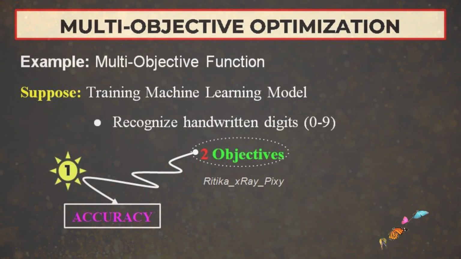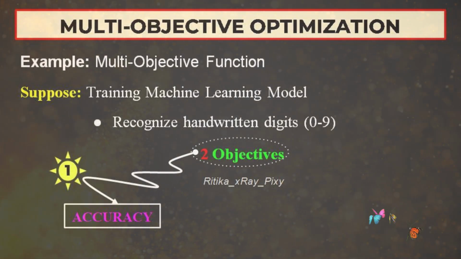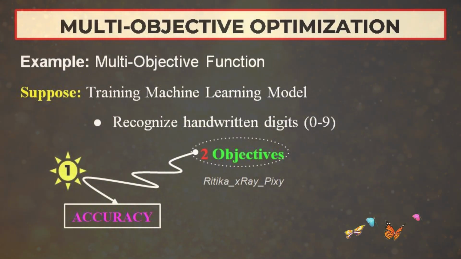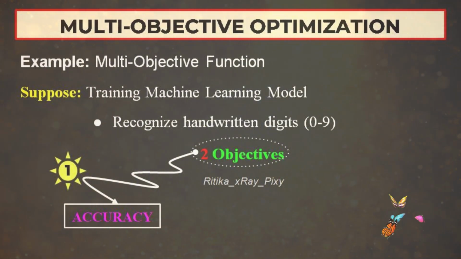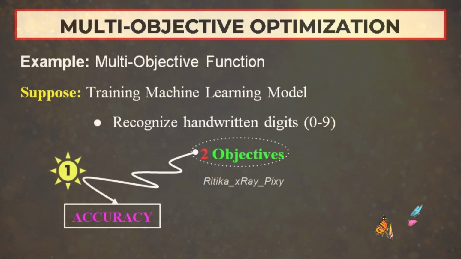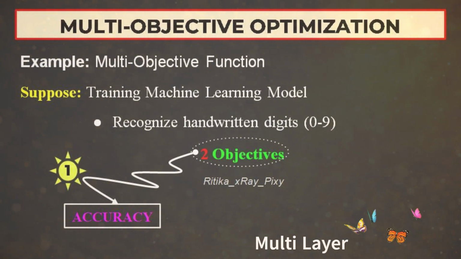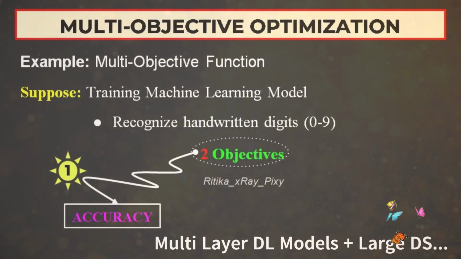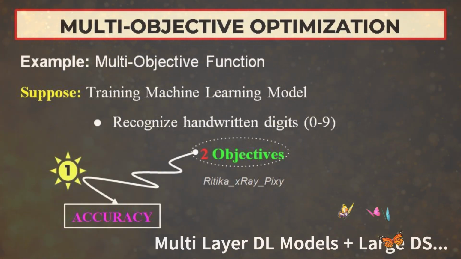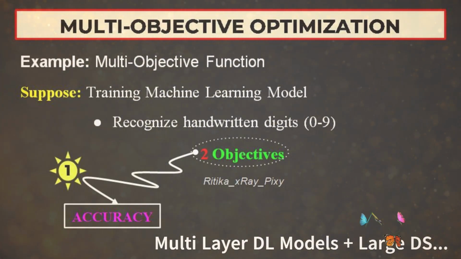First we'll focus on the accuracy rate, that is the handwritten digits accuracy rate. When we are focusing on accuracy, if you use different deep learning models with multiple layers and train it on large data set, this can result in very high accuracy rate in digit recognition, but the model size and the training time will increase.